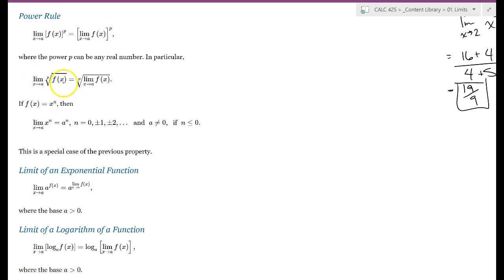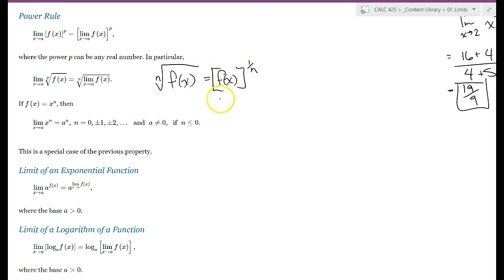Okay, and the same thing applies because radicals can be rewritten. If we remember, if I have any function under a radical, then I am totally also allowed to write that as f of x to the power of 1 over n.